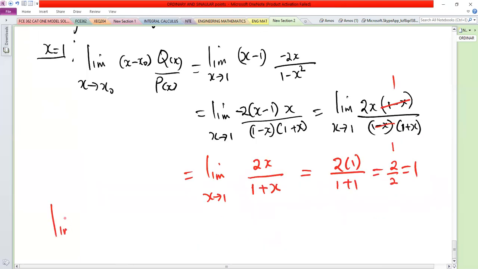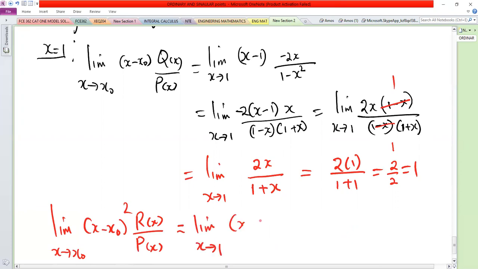And the limit as x approaches x naught of (x minus x naught) squared times r of x divided by p of x will be the limit as x approaches 1 of (x minus 1) squared, multiplied by r of x, which is alpha times (alpha plus 1), and then divided by p, which is 1 minus x squared.